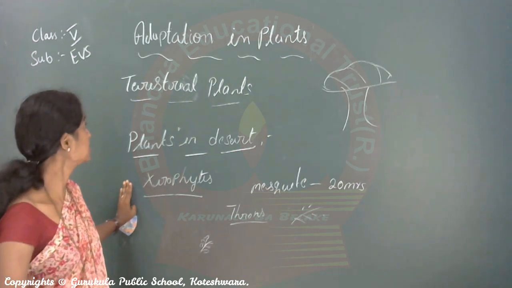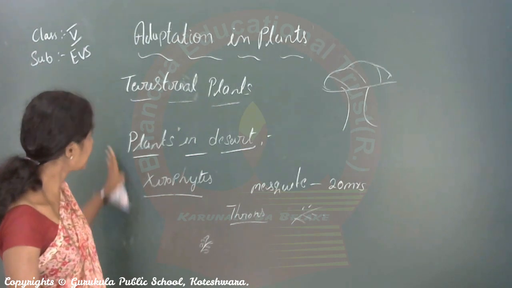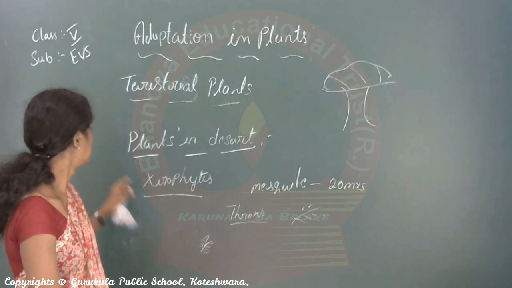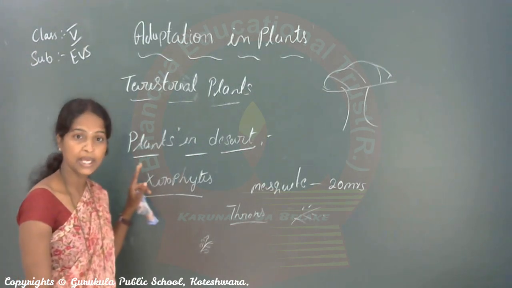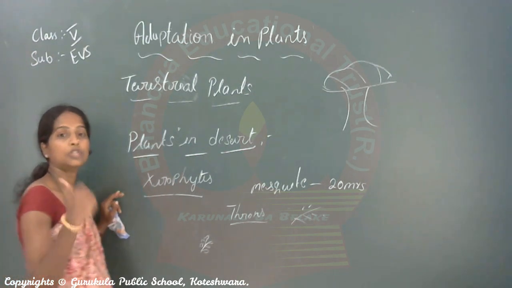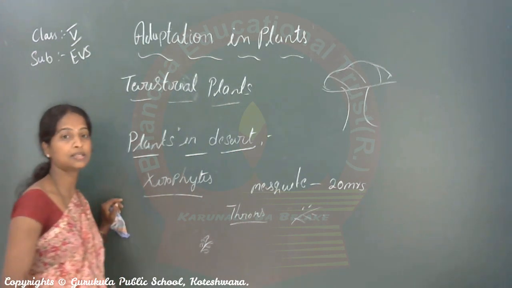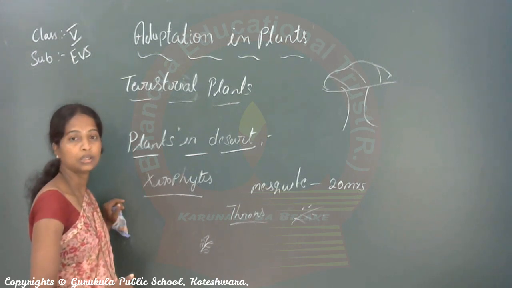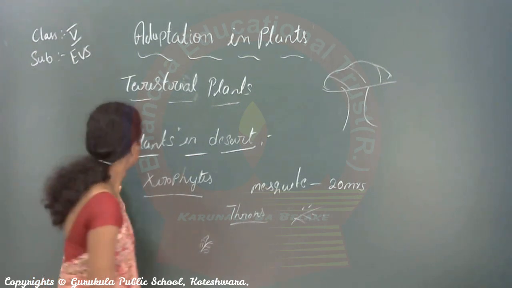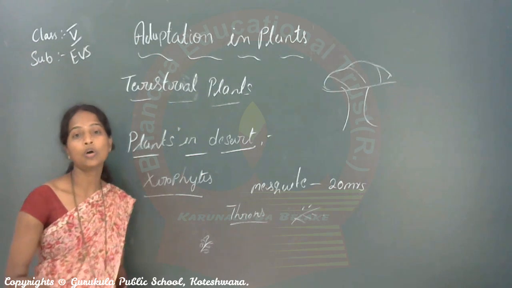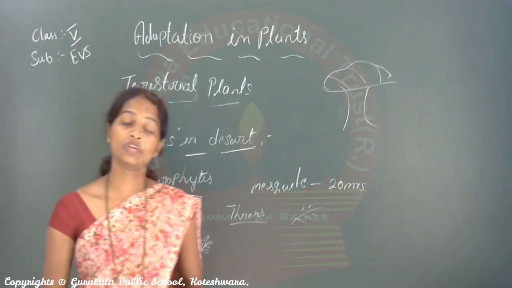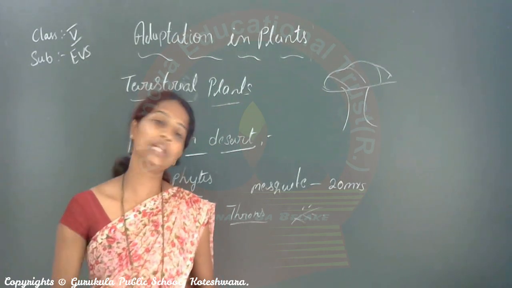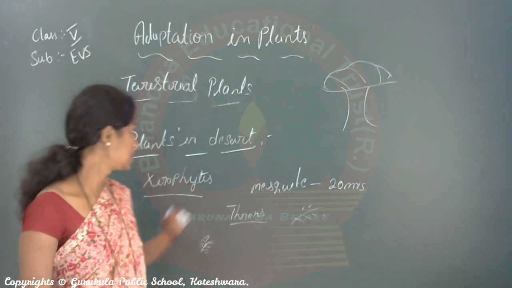In this class we learned about terrestrial plants: plants in plains, plants in hilly regions, plants in desert. Desert means hot and dry places. We cannot live in the desert because very little water is available in these areas.